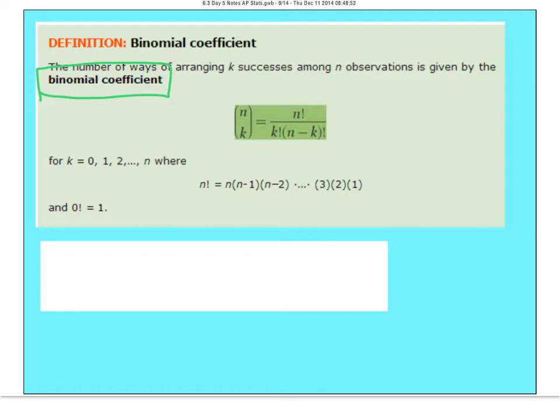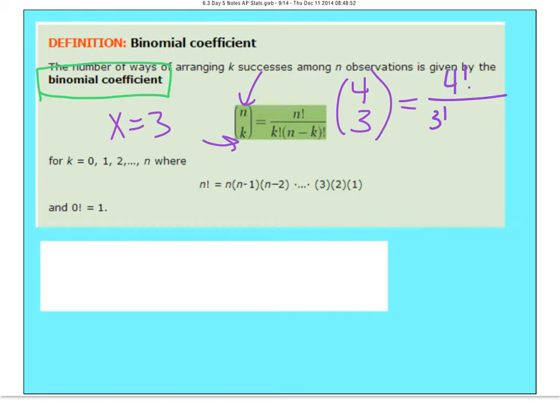When we were talking about rolling the dice 4 times, so we're going to do 4 trials, which is our n. Now, let's look at the event when I said k is 3, so I wanted doubles to happen 3 times. So I'm going to put 3 in here. Formula-wise, what I would do is just put 4 in for n, 3 in for k. So I would write it as 4 factorial over 3 factorial times 4 minus 3 factorial.